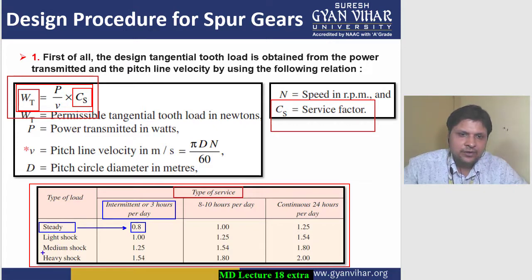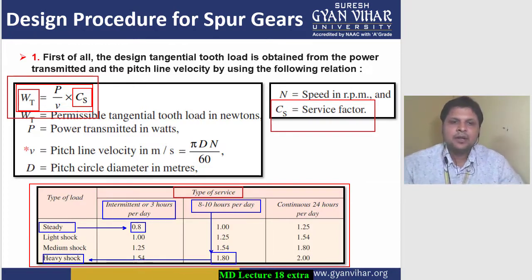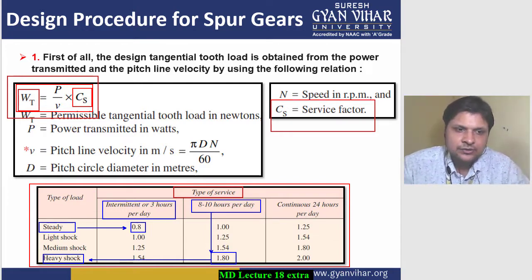Similarly, if the load is a heavy shock type load and you are working with the gears for 8 to 10 hours per day, then if you go this side, you will find 1.80 is the value that will be considered for heavy shock, and that too for 8 to 10 hours per day.